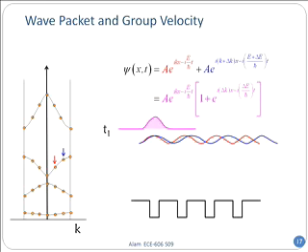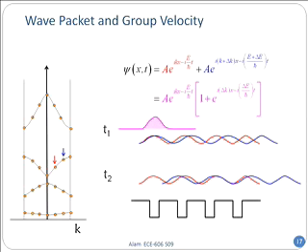Now what will happen a little bit later? Because E and E plus delta E are slightly apart, a little bit later the red one will move to the right, but the blue one will move at a slightly different velocity to the right because it has a slightly different energy, slightly different omega.